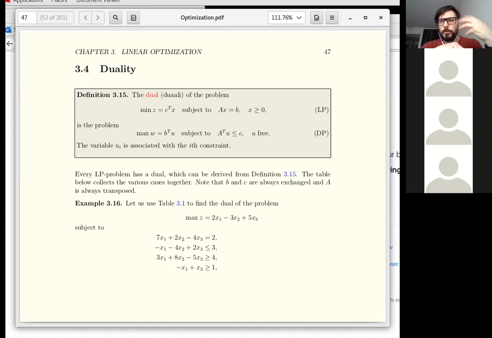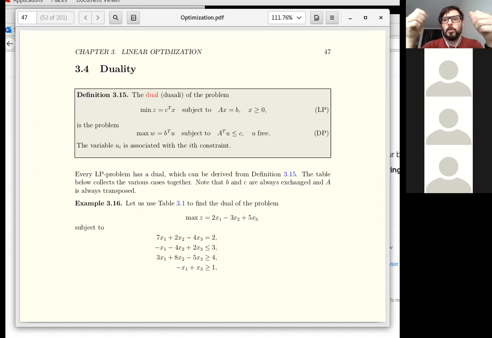And the reason for using the dual may be that there are situations which may be hard to detect. Just to give a simple example, we noticed in the simplex algorithm that sometimes the linear programming problem doesn't have a solution in the sense that it's unconstrained. You can find a direction in which to move x indefinitely and the cost will simply go down.